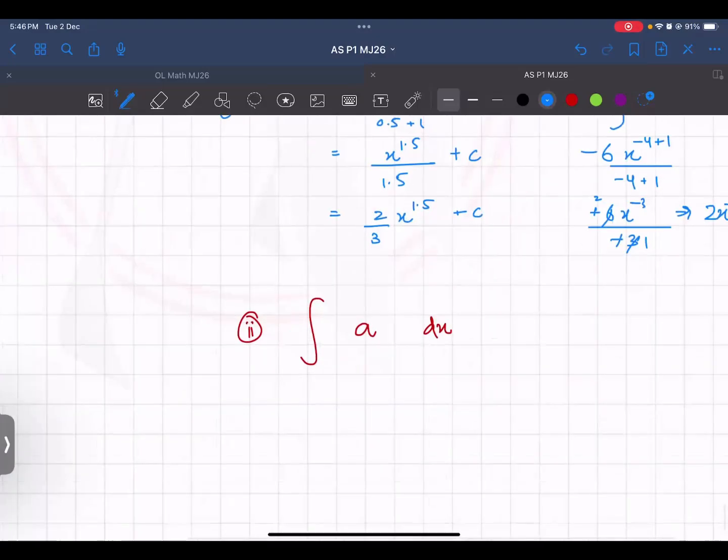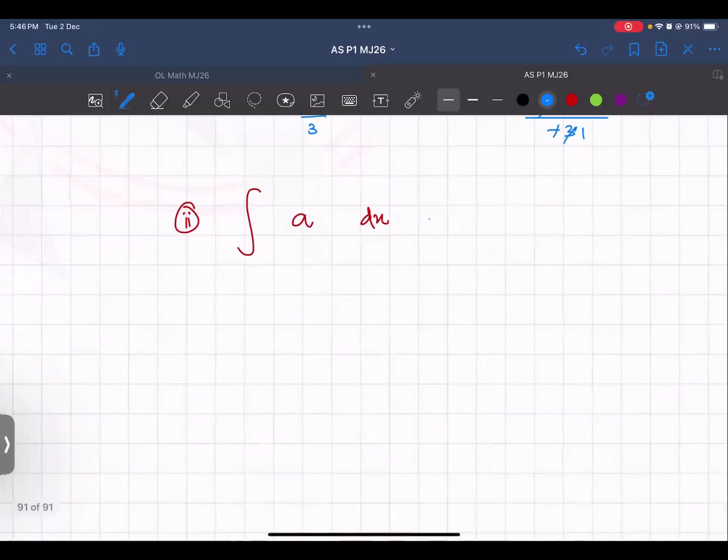Over here, it won't disappear. It will get the variable. So this would become ax plus c, because this is the opposite. In differentiation, your constant was getting eliminated, became zero. Over here, the integral of a constant is that now the constant will get a variable as well. It would become ax.